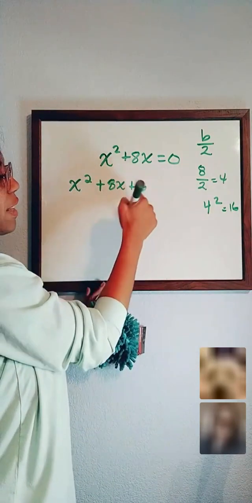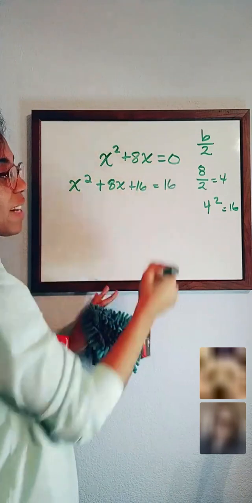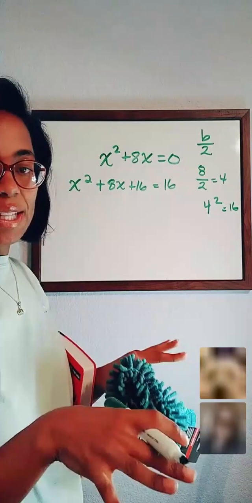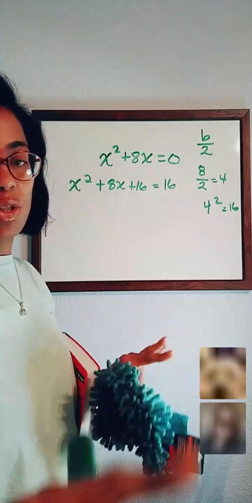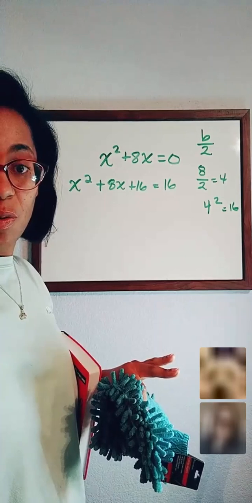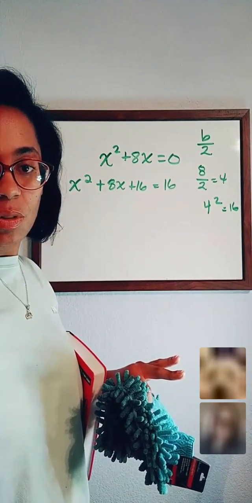You add 16 to one side, and you have to add it to the other side to keep your equation balanced. You always have to add to one side what you add to the other side. Does that make sense?